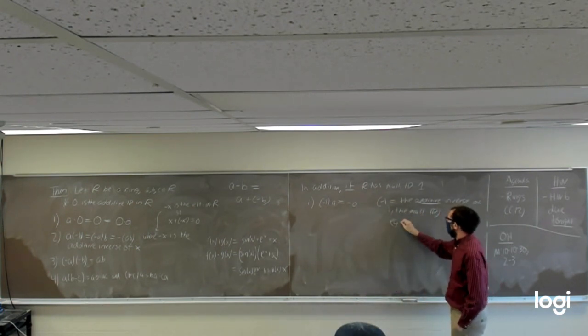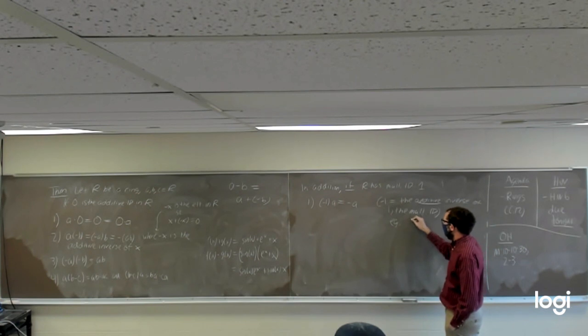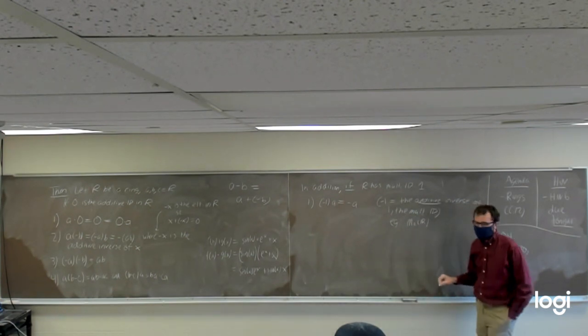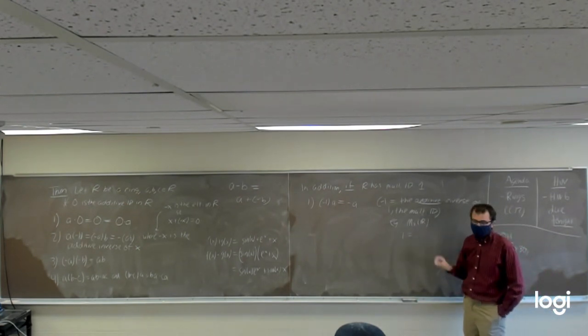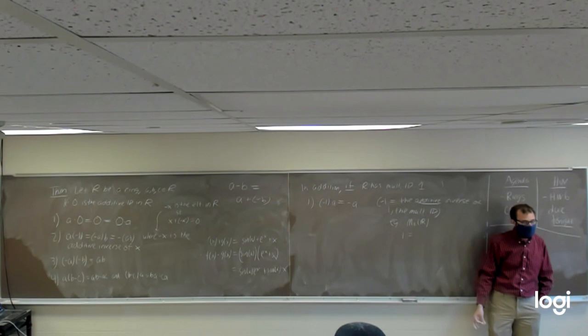So, as a quick example, if we wanted to look in the ring of all 2 by 2 real matrices, what would the multiplicative identity be in that ring? Which matrix can you multiply by any other matrix and always get back that other matrix?